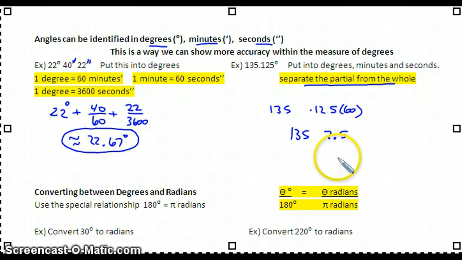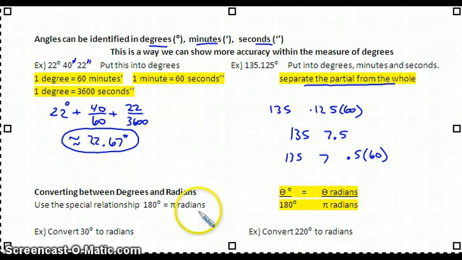Again, I'm going to separate the part from the whole. I've got 135, that's a whole, 7 is a whole, and the part is the 0.5. So take 0.5 and multiply it by 60 again. I said that backwards.